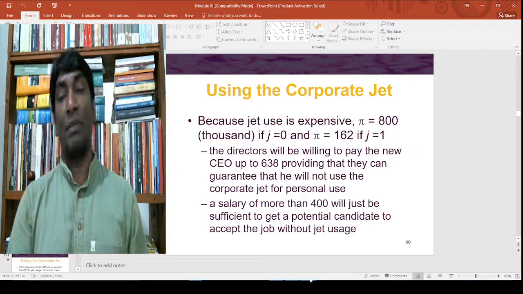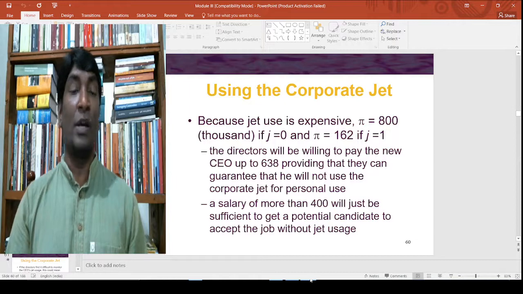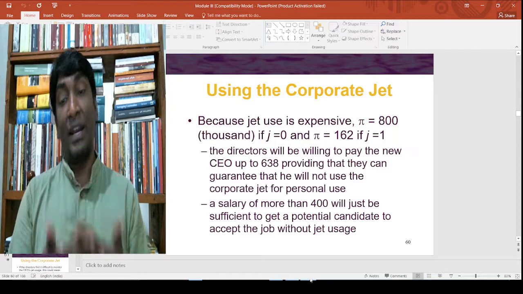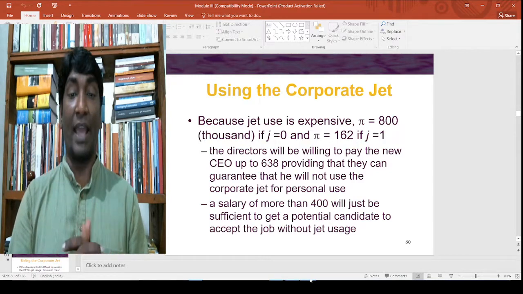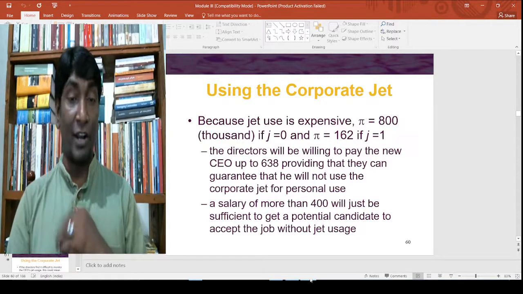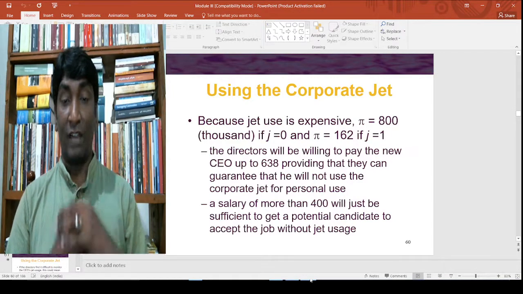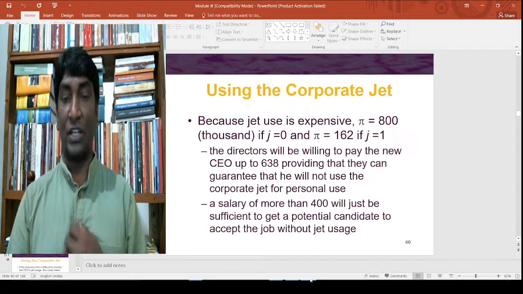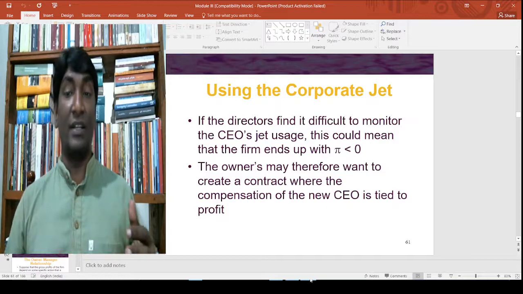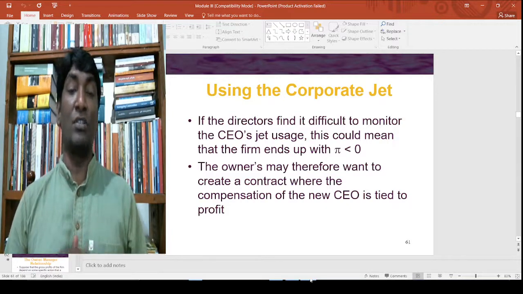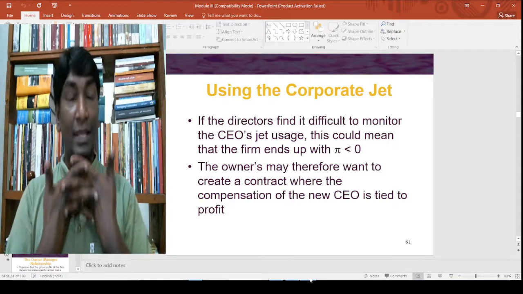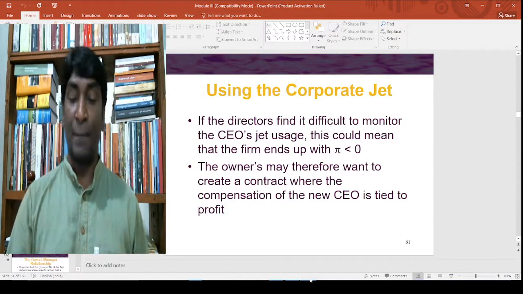So the directors will be willing to pay the new CEO up to $638,000, provided that they can guarantee that he will not use the corporate jet. Otherwise, they will be reducing the salary. More than $400,000 will be sufficient to get a potential candidate to accept the job without jet use. So if the directors find it difficult to monitor the CEO's jet use, the firm could end up with a lesser profit, as we showed in the graph earlier.